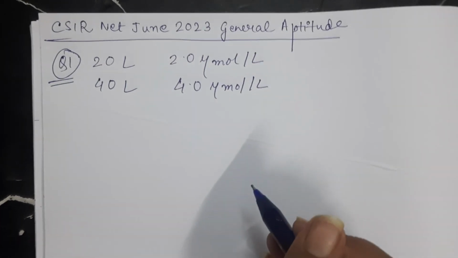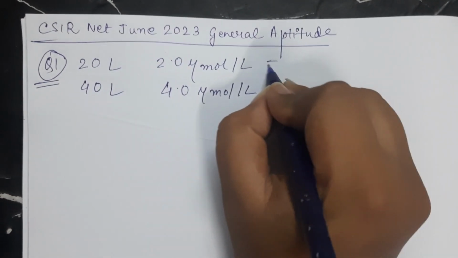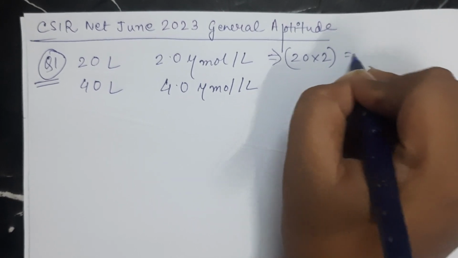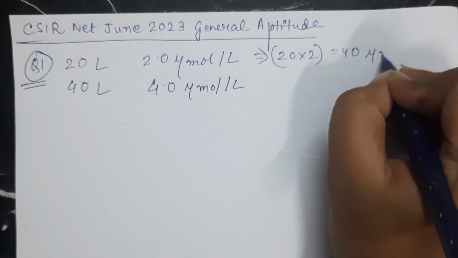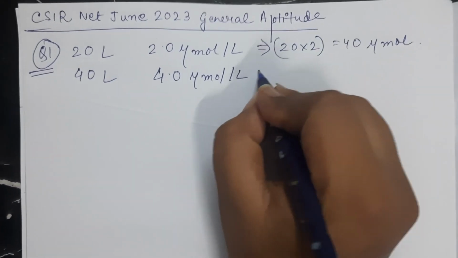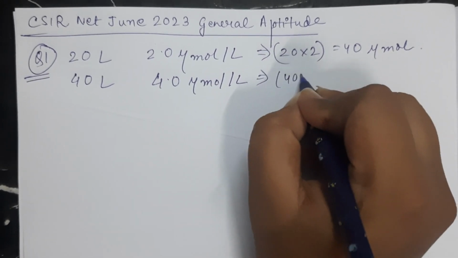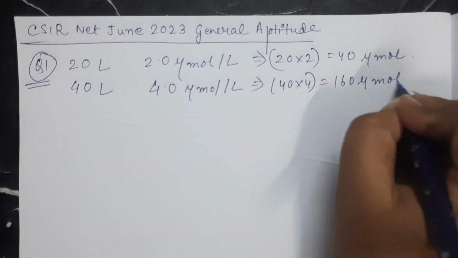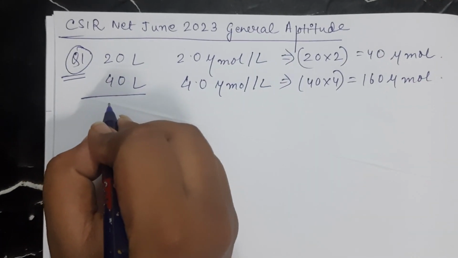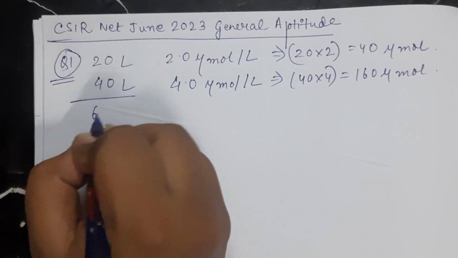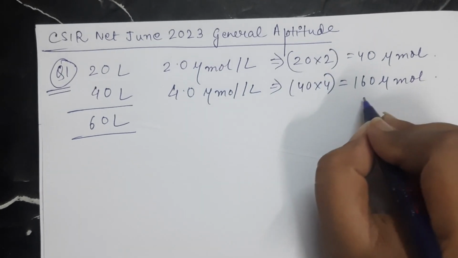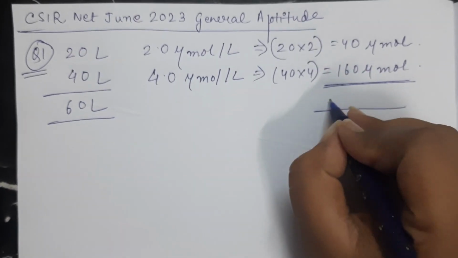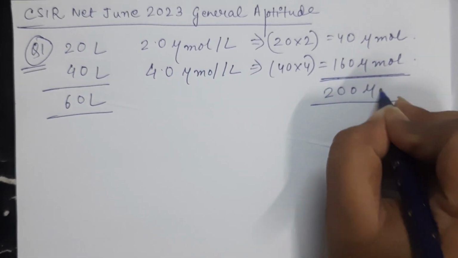When these two are mixed, the first has a total quantity of 20 into 2, which is 40 millimole of sulfate ions, and this has 40 into 4, that is 160 millimole of sulfate ions. Therefore the total water after mixing is 60 liters, and the total amount of sulfate ions after mixing is 160 plus 40, that is 200 millimole.